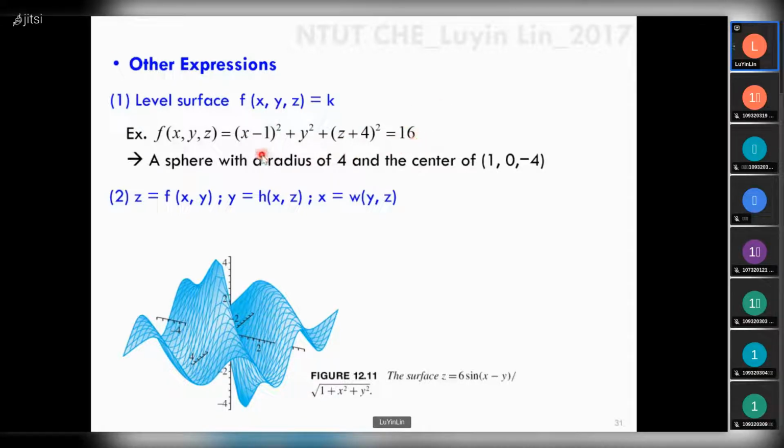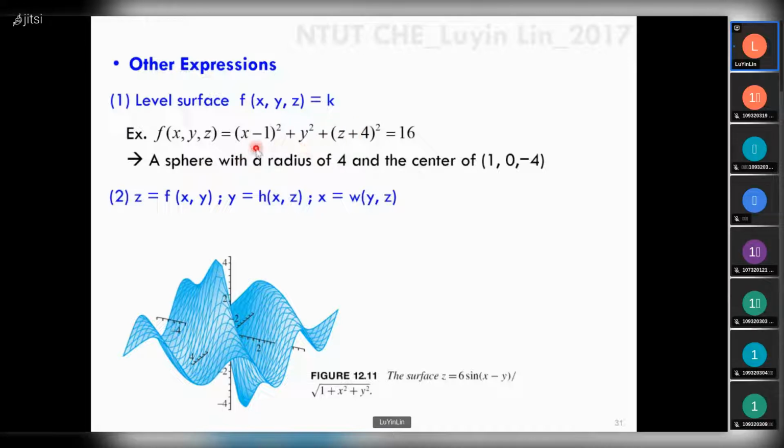Do you know what the shape of this equation is? It is like a circle in two-dimensional space. A circle in two-dimensional space corresponds to a sphere in three-dimensional space. The center of this sphere is (1, 0, -4).